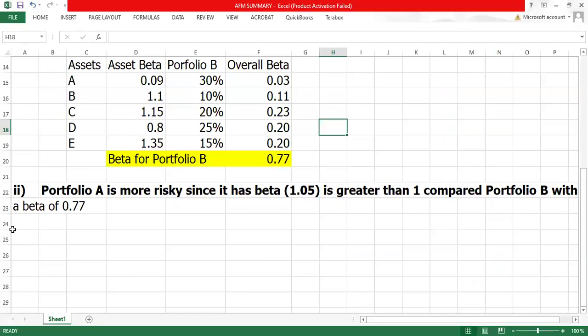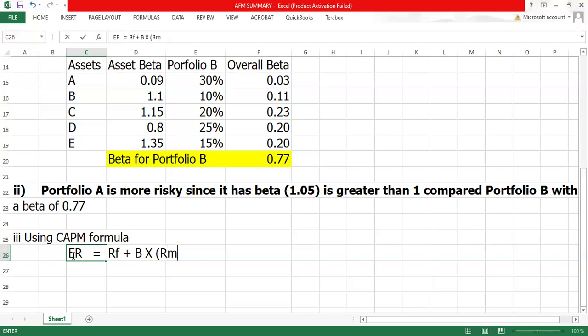You are going to simply say that Roman 3, using the CAPM formula. Remember the CAPM formula says that expected return is equal to the risk-free rate plus the beta, times RM minus RF. That's how you get the expected return.